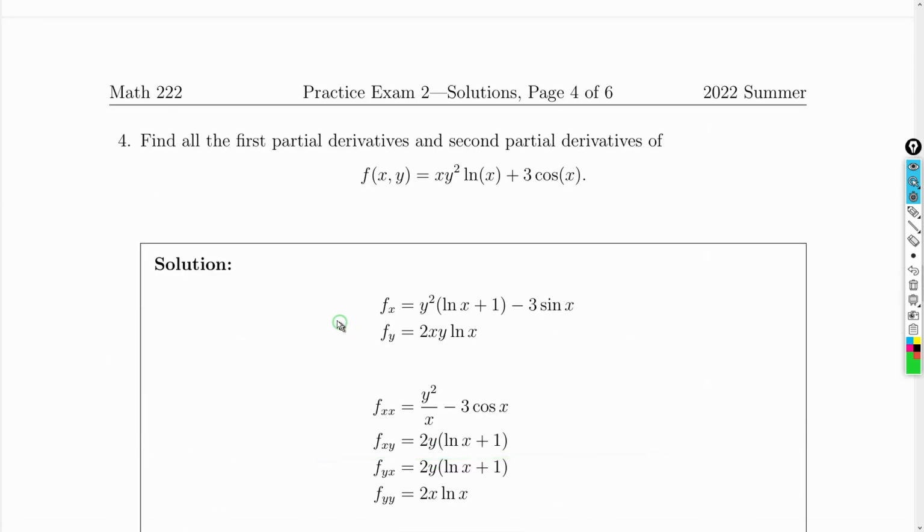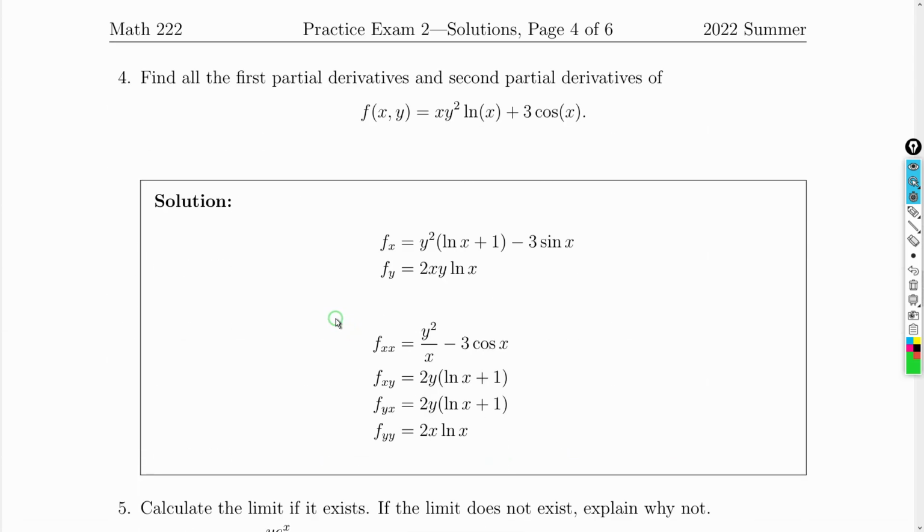Number 4. Find all of the first partial derivatives and second partial derivatives of this function. Right here the x derivative is a little bit more bothersome due to the fact that there's a product rule here.